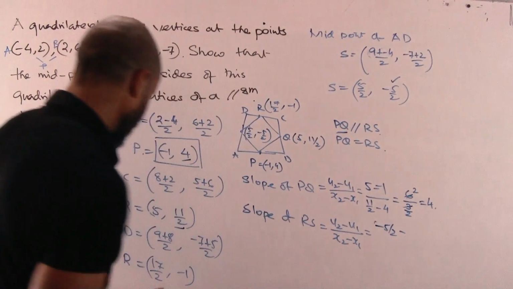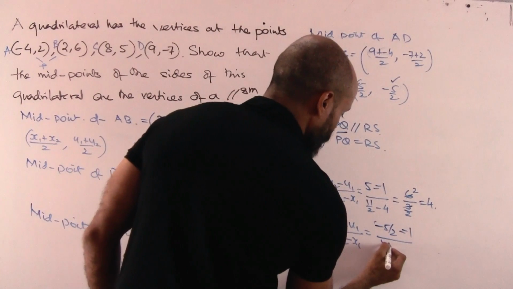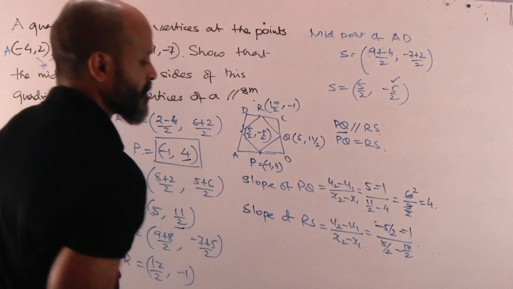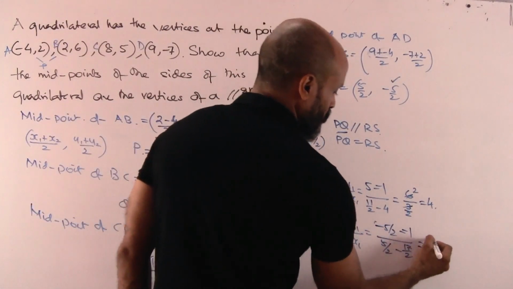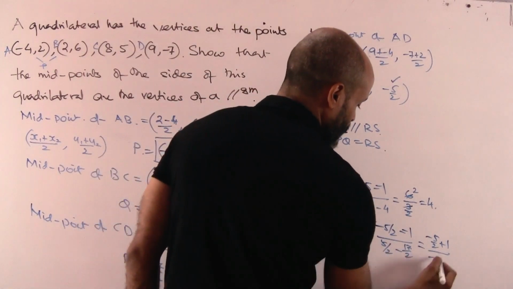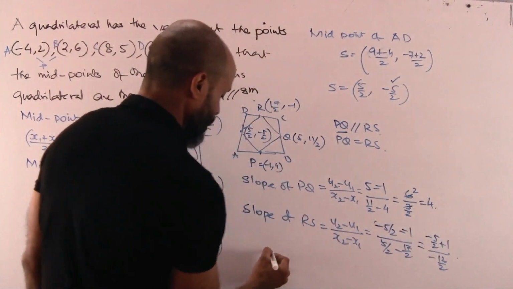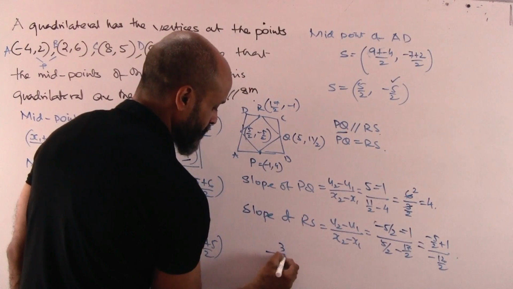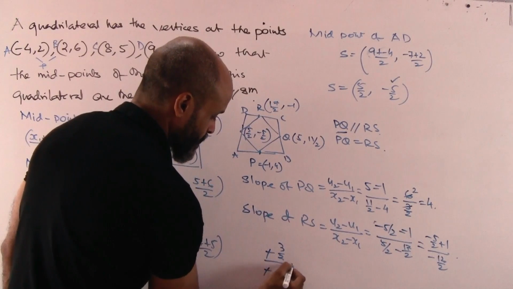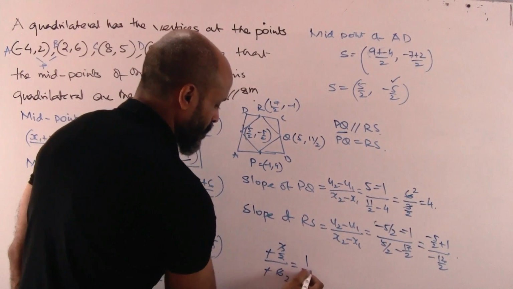Minus 5 by 2 minus 1 upon x2, that is 5 by 2 minus 17 by 2. So this will be how much? Minus 5 by 2 minus 1, that is minus 7 by 2, upon 5 minus 17, so that will be minus 12 by 2. Correct? Okay. So we have here minus 7 by 2 over minus 6. So again this gets cancelled. 3 2s are 6. So this will be 1 by 4.